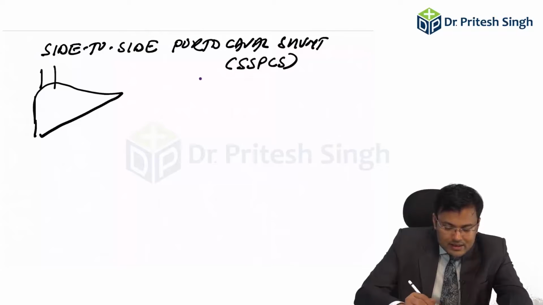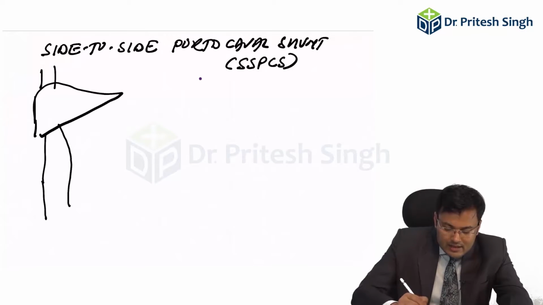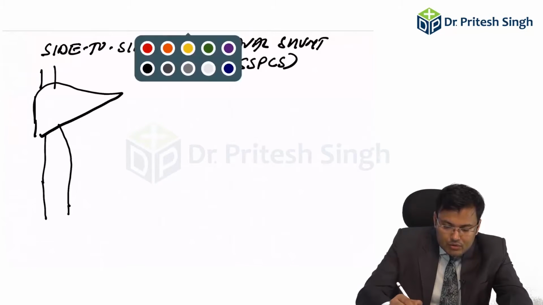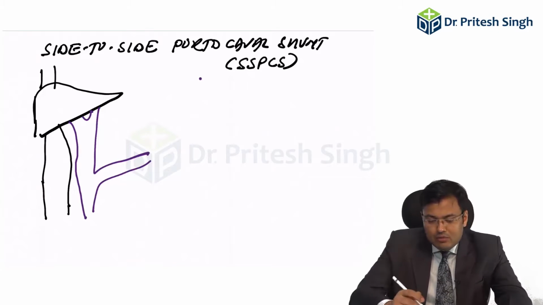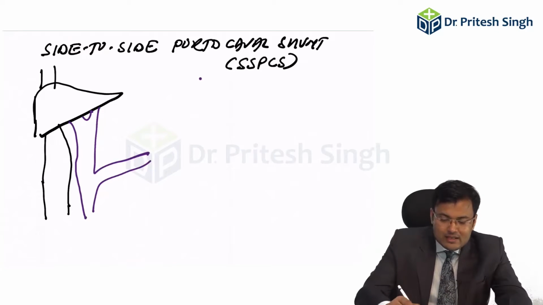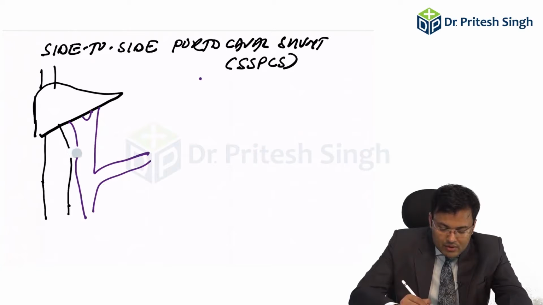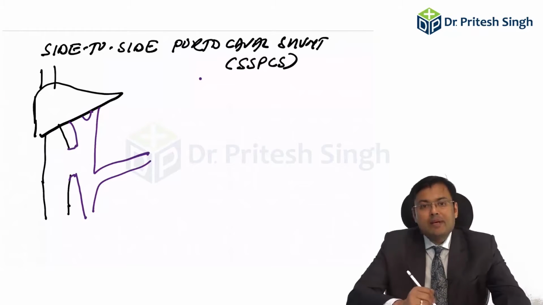In this is inferior vena cava. And in this case, this is portal vein. What we are going to do? We are going to make the side-to-side anastomosis. Now can you see how? Something like this. So see, this kind of anastomosis is made.